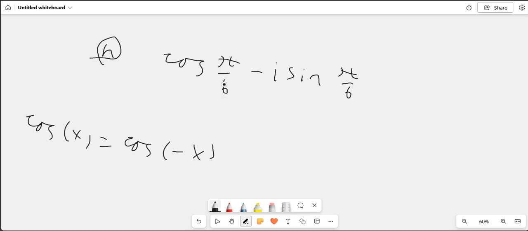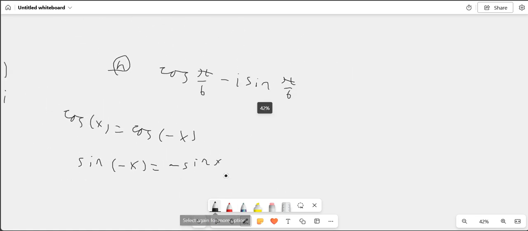So cos pi over 6 is the same as cos minus pi over 6, yeah? And sine minus x is equal to minus sine x. So essentially, it needs to be the same number, by the way, yeah? So you see this negative in the sign, it will move into the thing. So it'll become plus sine minus pi over 6 here.